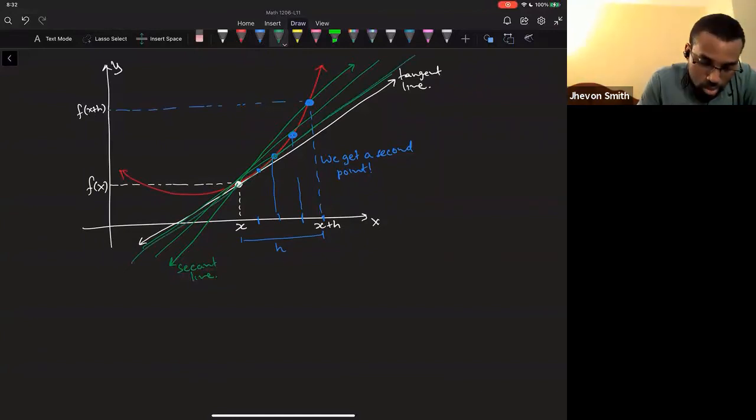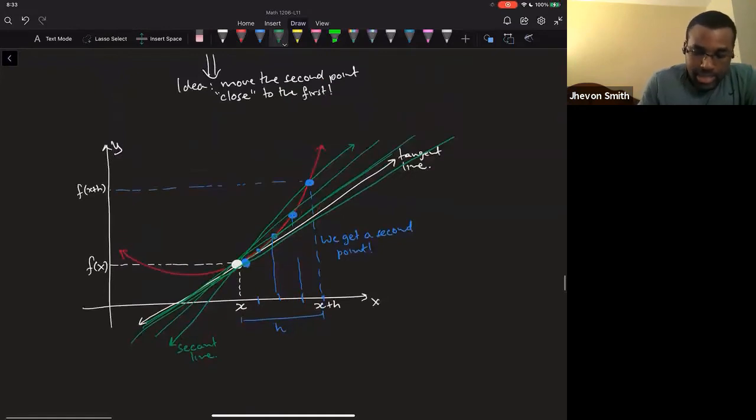And so you'll notice that there comes a point where this point is right up on this other point, the point of interest. And it's in such a way that at that point, the secant line and the tangent line would look exactly the same.